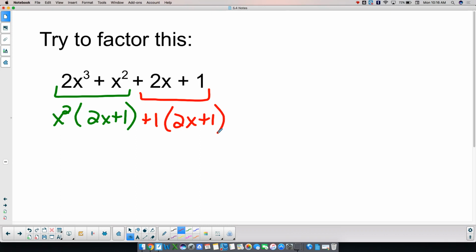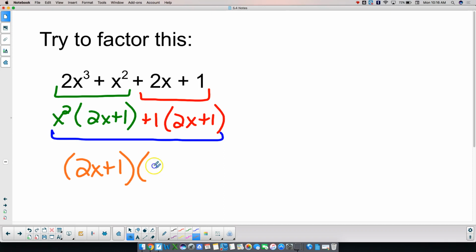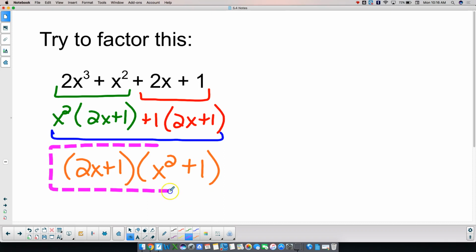Then, x squared plus 1, you want to factor that to be x minus 1, x plus 1, but it's not, because it's not subtraction.